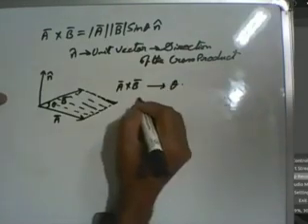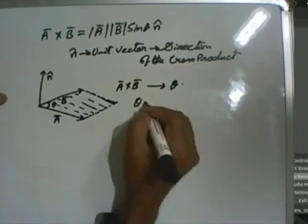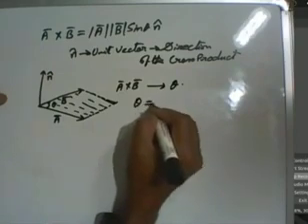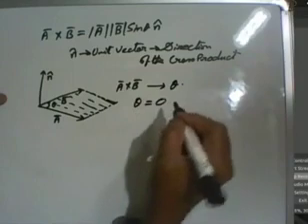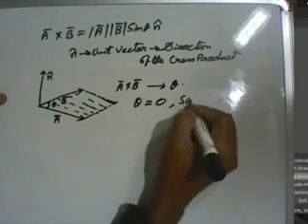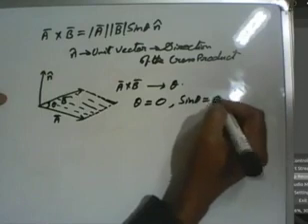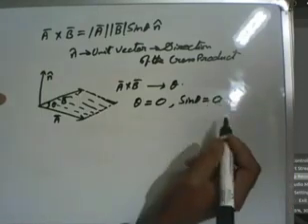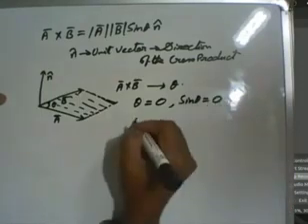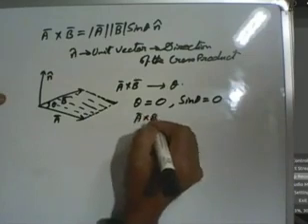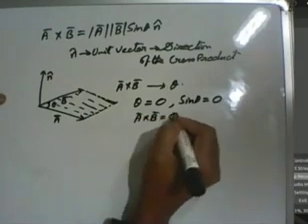So the minimum theta can be equal to 0. If theta is equal to 0, sine theta is equal to 0, so the cross product becomes equal to 0. So A cross B in this case will be equal to 0.